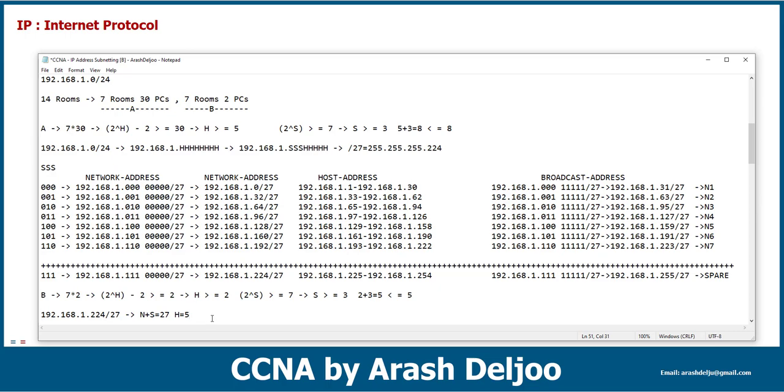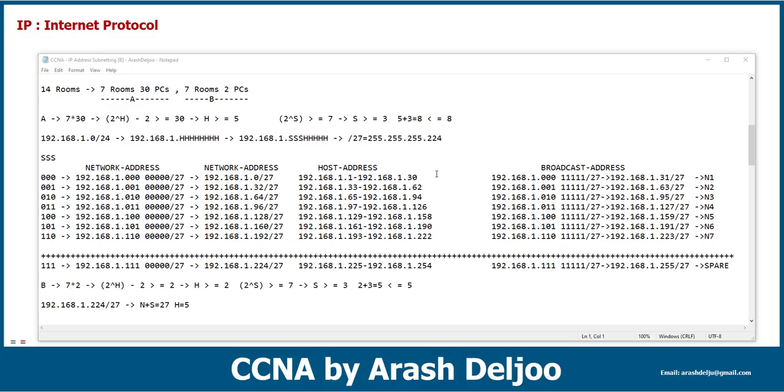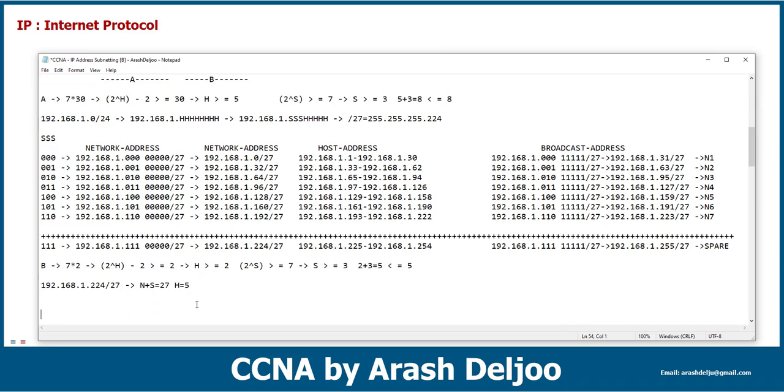It's so easy. Again, we need to repeat the process of requirement A, now for requirement B. Let me start from here. Look at here. We have this address 192.168.1.224/27. This means that the address is 192.168.1.111 00000, okay?